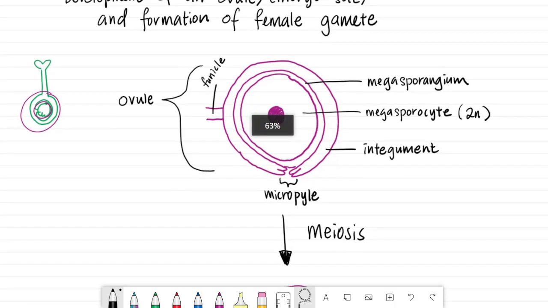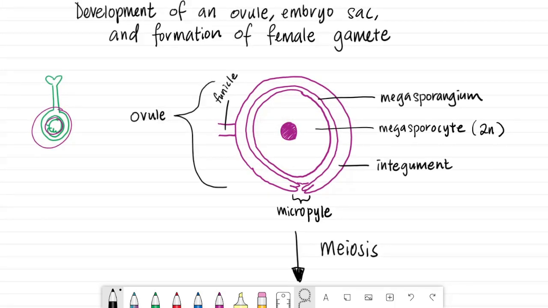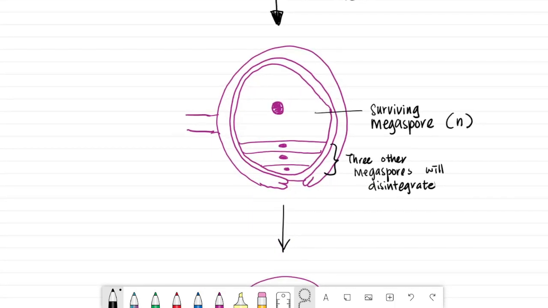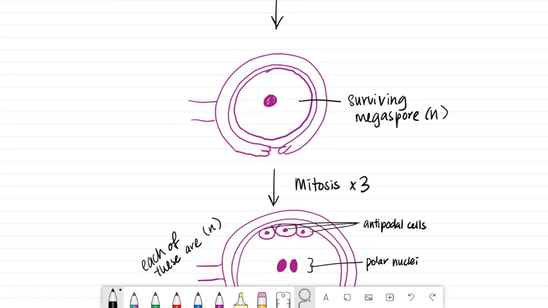Okay, so let's have a review once again. In the development of an ovule, embryo sac, and formation of female gamete, we start with a megasporangium containing a megasporocyte. After meiosis, it will produce 4 megaspores, but only one of them will survive and the other 3 will disintegrate.